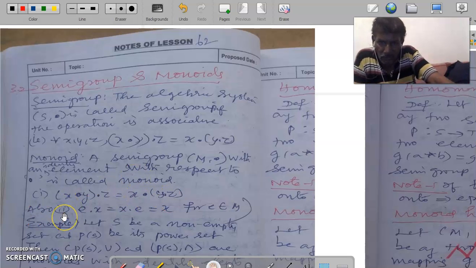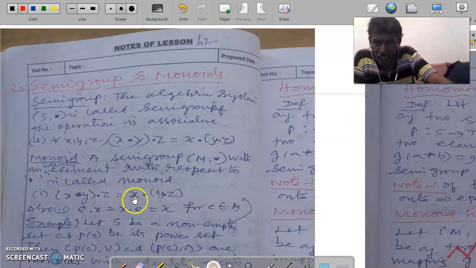And the second condition, there should exist E belonging to M such that E dot x equals x dot E equals x for all x belonging to M. There should exist a single E. So if these two conditions are satisfied in a semigroup, then it is called a monoid.